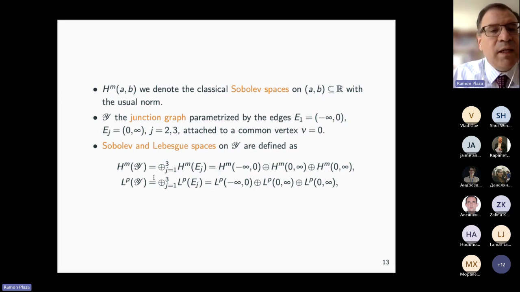So, for example, the HM space on the graph is going to be the direct sum of the Sobolev spaces HM on minus infinity to 0, which is the first edge, plus two copies of HM on the other ray, which is from 0 to plus infinity. And the same for the standard Lebesgue spaces.